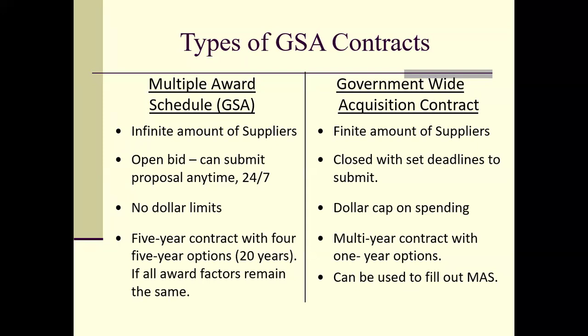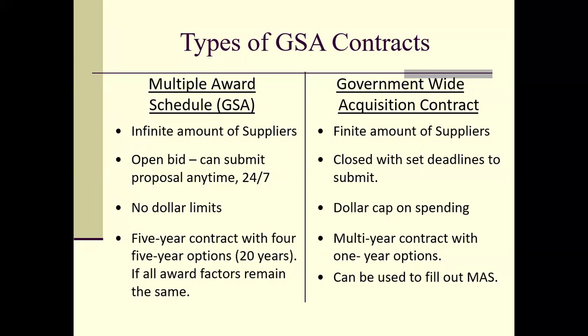The GWAC, though, is significant in that it only sits for 5 years. So once it's over, they will go to the next version of that contract. So if you missed out on the opportunity the first time it came around, you can then go ahead and catch it 5 years later and get on it.